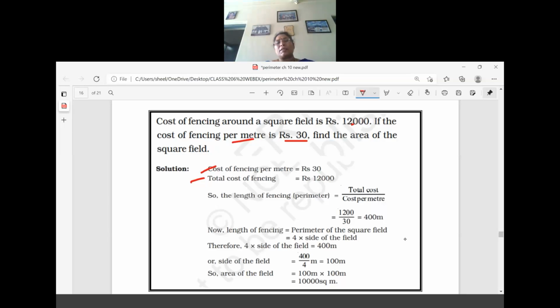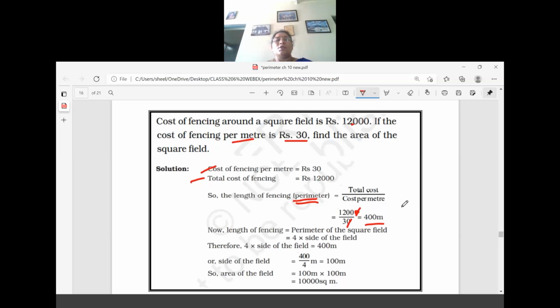So how to calculate the length of fencing, or perimeter? Total cost divided by cost per meter only, because fencing means it's a perimeter only, right? So perimeter is equal to 12,000 divided by 30, 10 will get cancelled, so it is equal to 400 meter only.